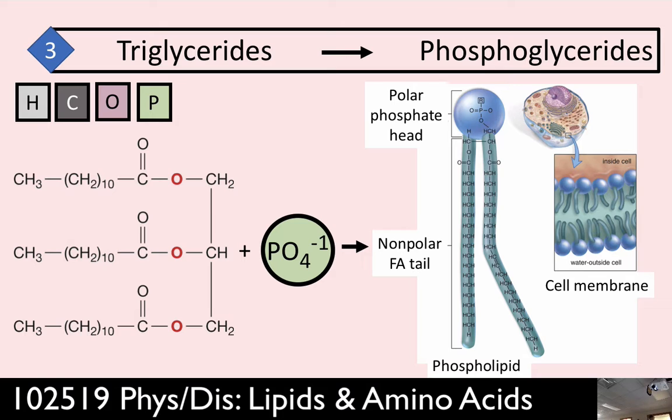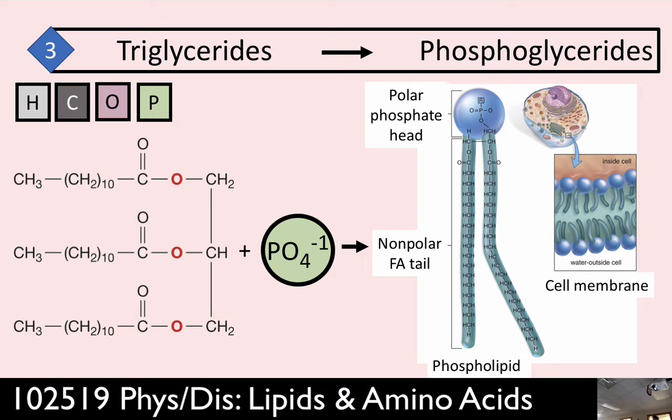So the kind of question I would ask over a slide like this would be something like, well, just some basic stuff like, what are the components of a phosphoglyceride? And you would say a triglyceride, one triglyceride, and a phosphate. That would be super basic, just sort of regurgitated.